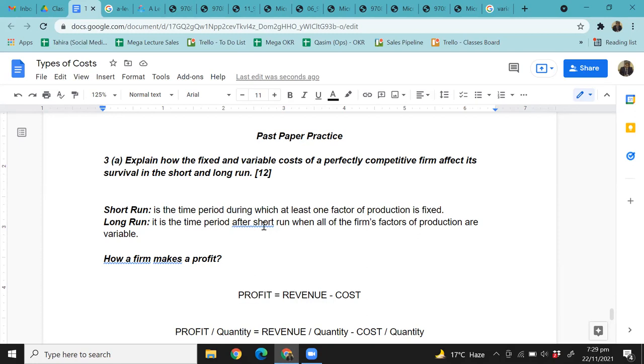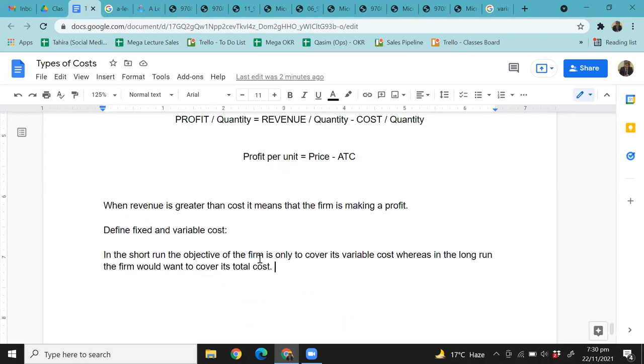There might be minor differences when you import a product from another country, but generally the quality and the taste is exactly the same. There's no such brand that you can recall, right? When you go to a shop to buy, let's say, fruits, vegetables, all you say is the name of the product. You don't say this brand, that brand, unless obviously it's branded, right? Juice is a different thing. I'm talking about raw fruits, raw vegetables, right? So this type of market is known as perfectly competitive market.